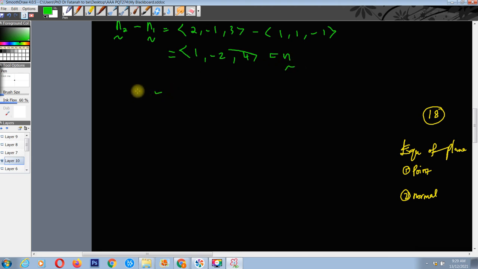As usual, we have a point, so x plus 1, y minus 2, z minus 1, times this normal 1, negative 2, 4 equals 0.